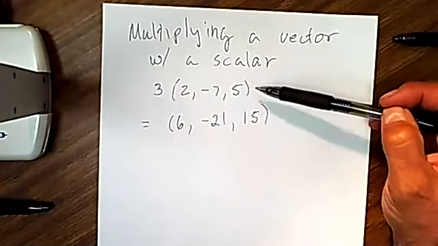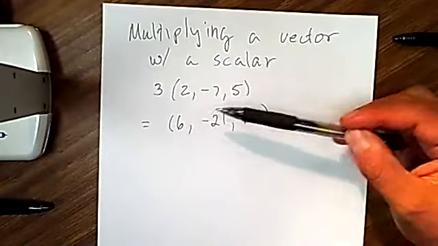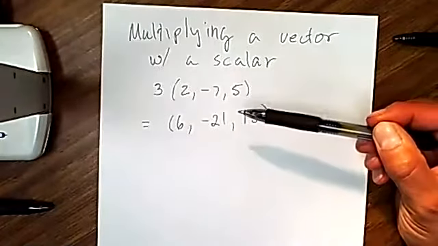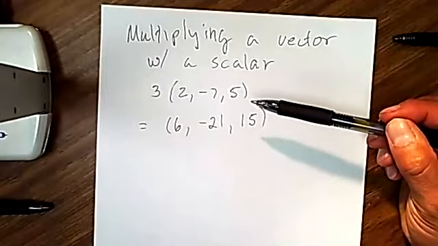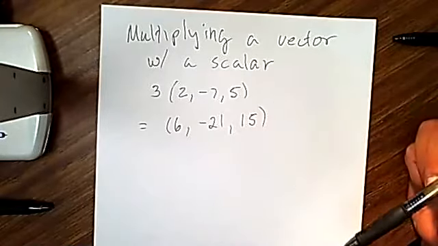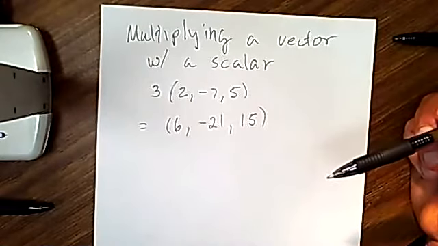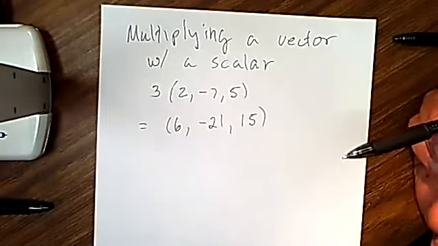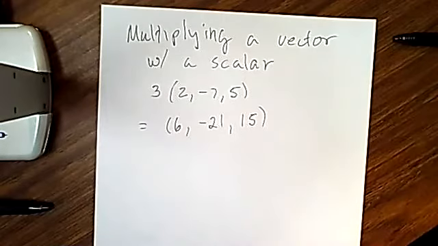And that is handy because if something is too repetitive on the components of the vector, we can factor that out, and then we don't have to rewrite that same factor many times. By the way, a vector doesn't have to be 3-dimensional. It can be 4-dimensional, 2-dimensional. Any natural number of dimension is allowed in a vector.